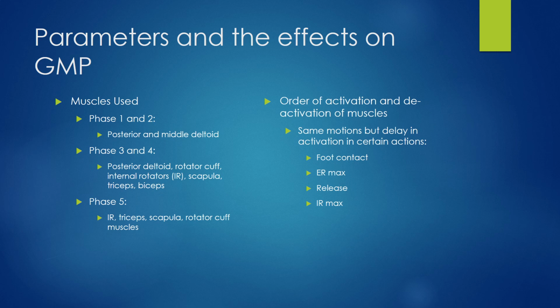So, for instance, foot contact in the baseball phase is going a lot sooner than it is in the football cocking phase. And then the ER max, and when they release, and the IR max, so the external rotators and internal rotators.